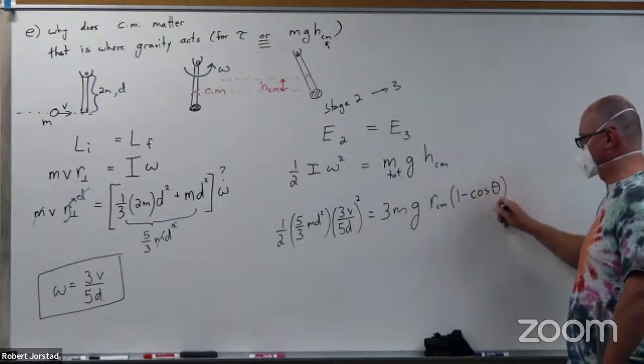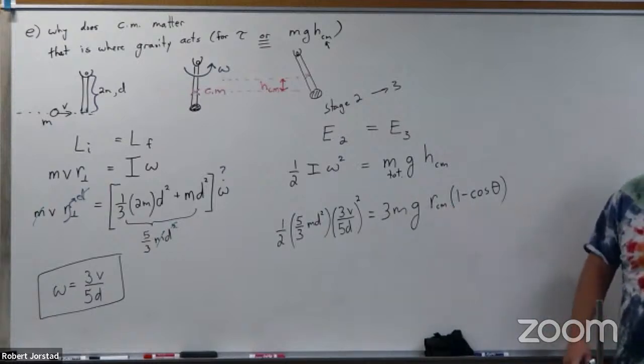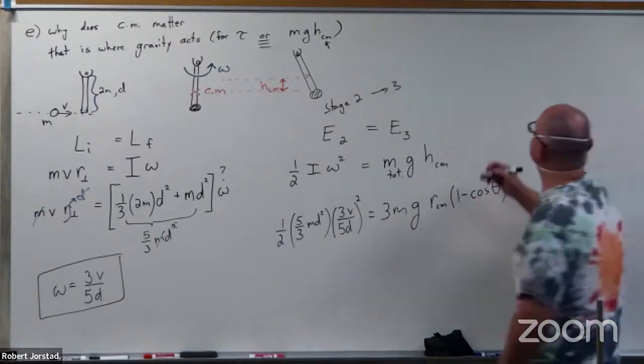Do you remember that? So if we could just figure out the radius of the center of mass, we're golden. Do you agree? Well, let's figure that out.